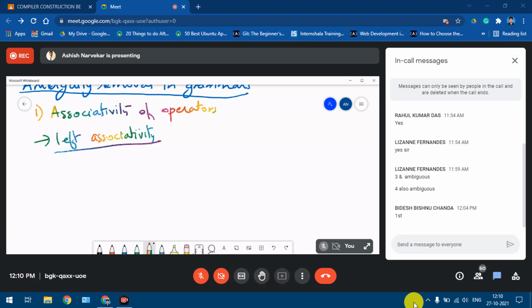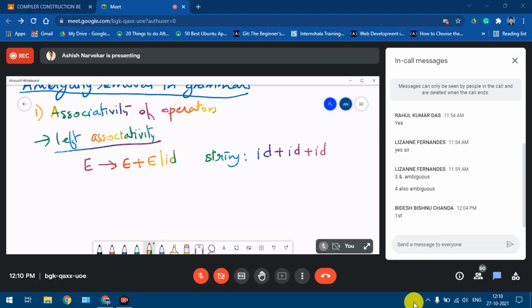Let's take an example. Say we have a grammar E derives E plus E or id, a very basic grammar, and the string given to us, for which we need to construct the parse tree, is id plus id plus id.